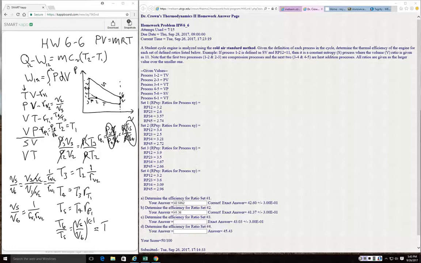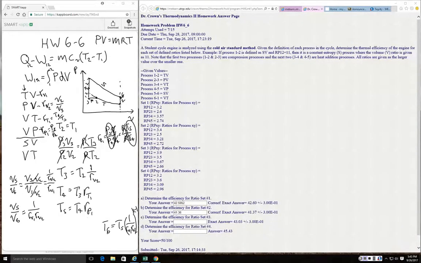So now I can write this as T6 equals, sorry, let's write this way, T6 equals T5 times 1 over R V1 R V2 to the K minus 1. Let me just write that not so close to the edge.